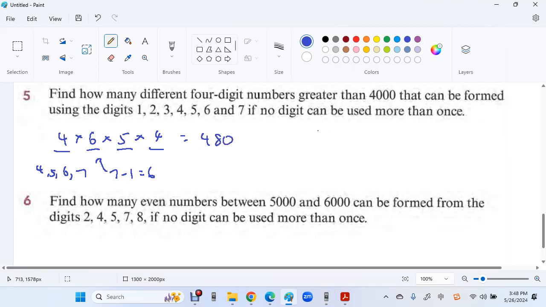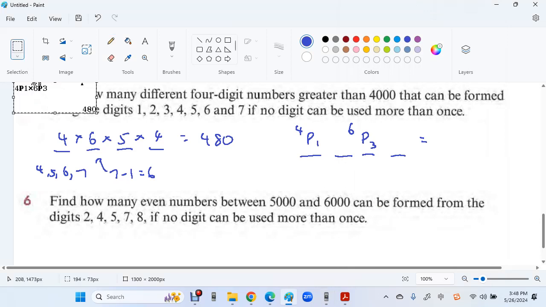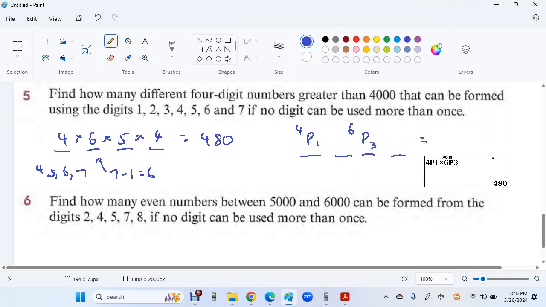Or we can say that for the first digit, out of 4 we pick 1, and for the next 3, out of 6 we pick 3. So we have 4P1 multiplied by 6P3, which is 480.